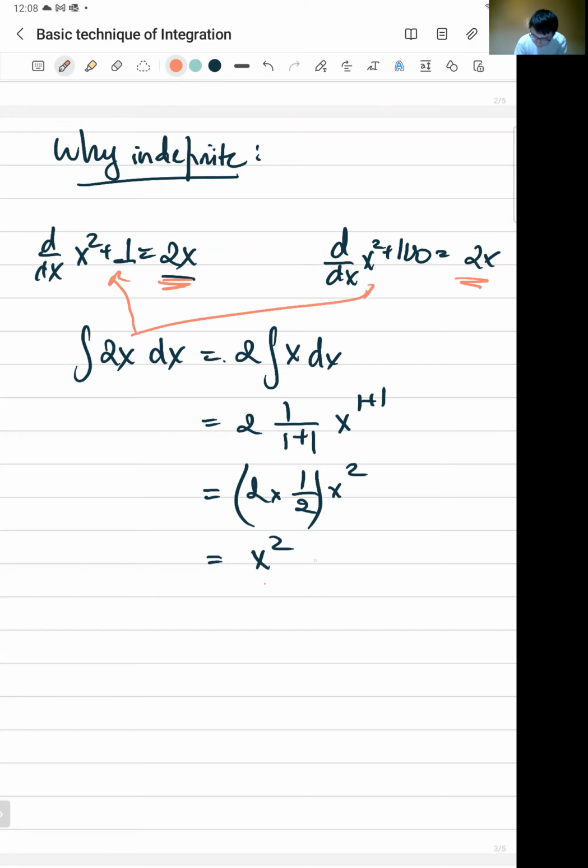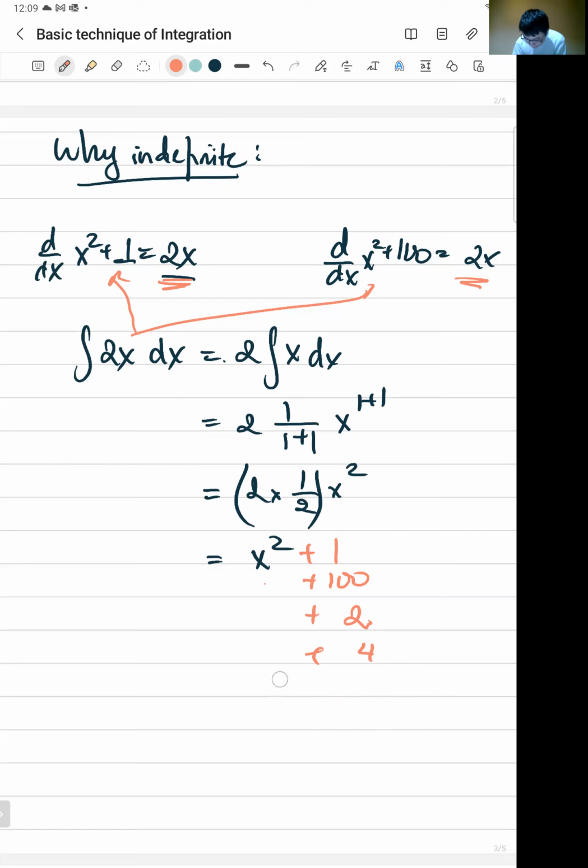So at the end, should I write plus one? Or should I write plus 100? Or can I write plus two? Can I write plus 400? Can I write plus pi? Can I write c squared, the speed of light squared? Eventually I can write the whole list out, I can write any number.